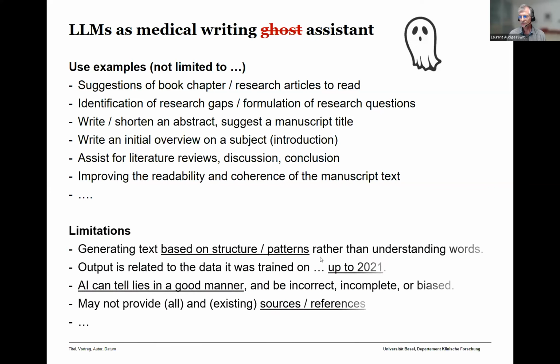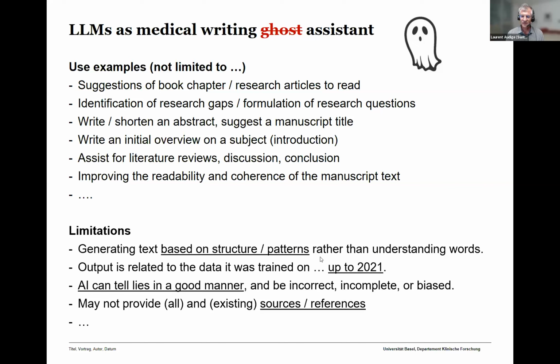The second thing is that it is limited to being trained with a huge amount of data up to 2021. So basically, everything which is recent may not be identified by this technology.